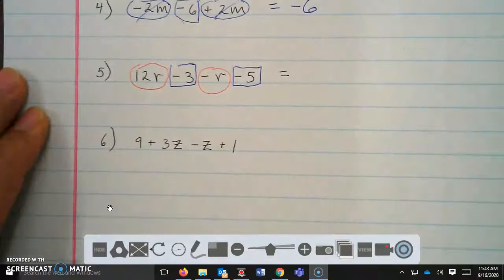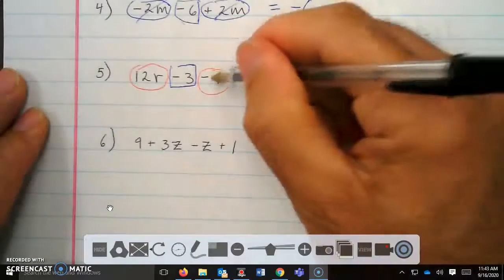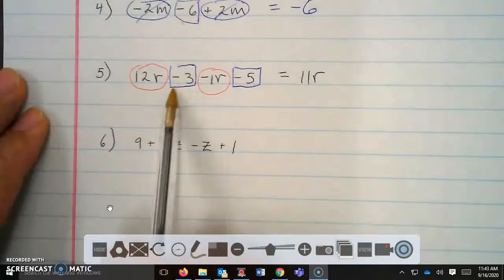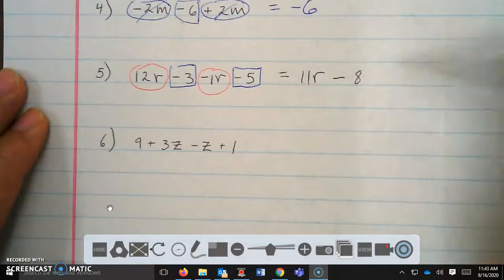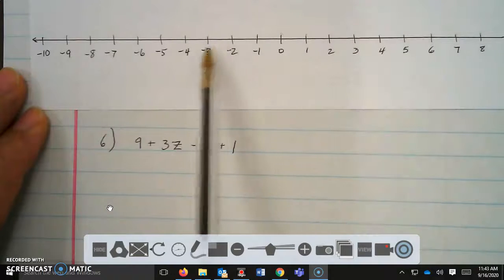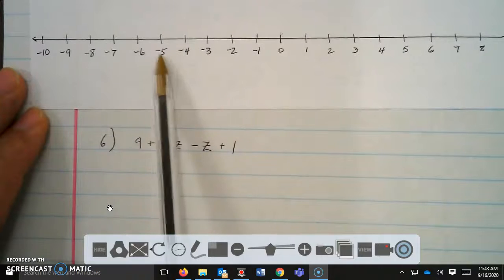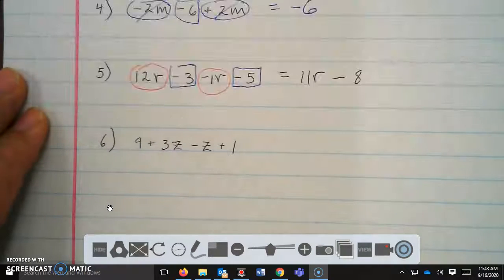So I'll put my variables first. 12 plus -1, or 12 minus 1. 11R. Adding my numbers. -3 plus -5 is -8. Again, I'll put that number line up here. -3 plus -5, so go to -3. If you're adding -5, you have to go 5 to the left. So you're going to end up at -8.